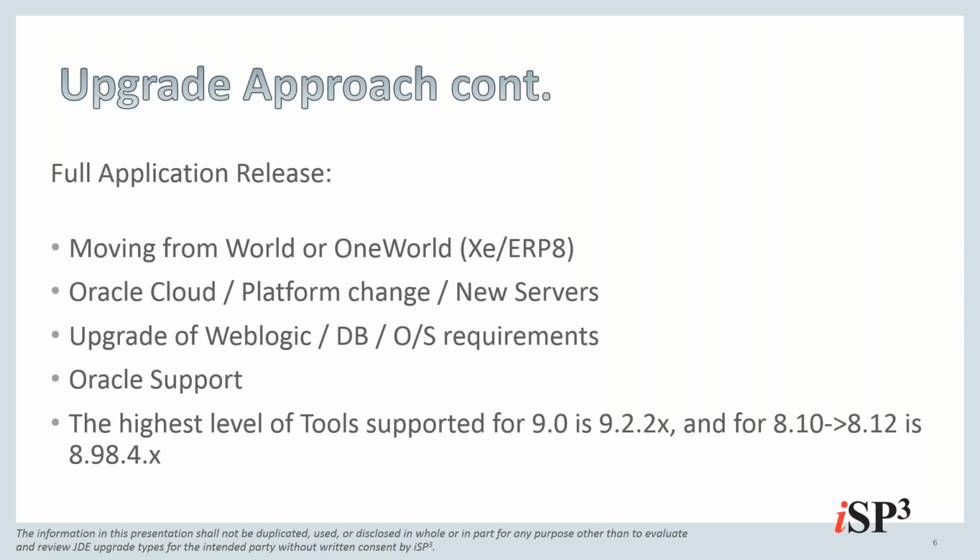We've done that a few times here as well. Clients are looking to that because it's a cost-effective way to run their JD Edwards application. Maybe a platform change. You're on Windows, you want to go to Linux, or Linux, you want to go to Windows, whatever you decide. It just doesn't make sense to do a platform change and not change anything else because you have to test. So why not go for it with a new application as well? A new server, same thing.